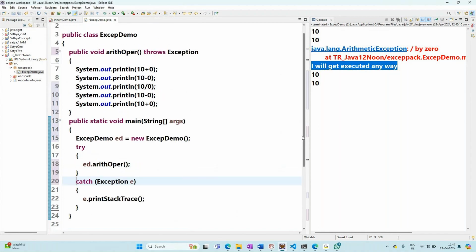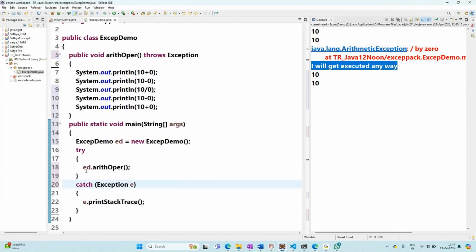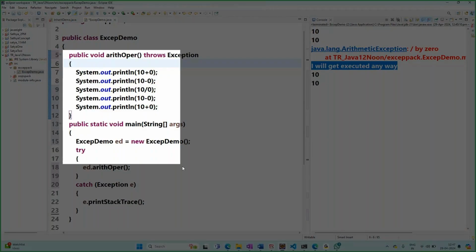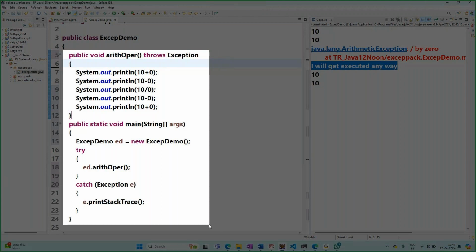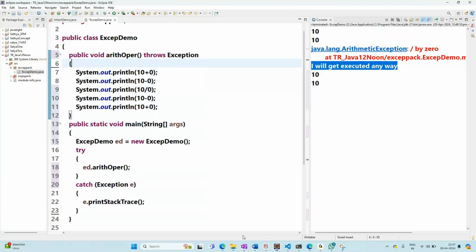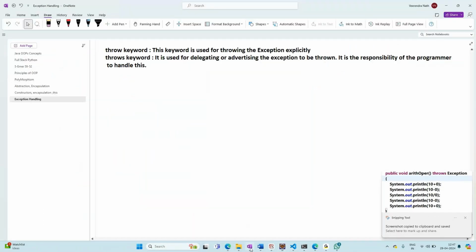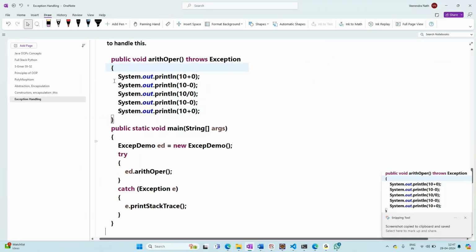In this way you are going to handle the method. You are not going to handle this, you are going to handle the method only, because that method is saying that I may throw an exception. As it says I may throw an exception, you are going to take that up and work with it.